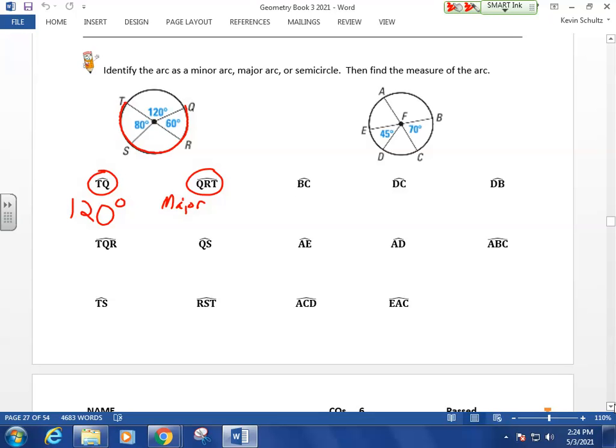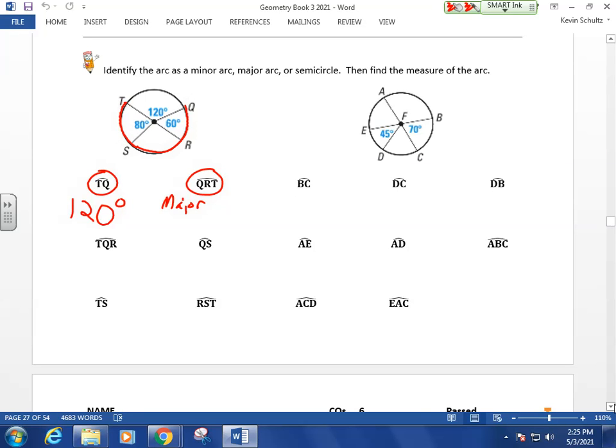No. Oh wait. Yeah, it's not quite a vertical angle here. Okay. The temptation is to make this a 120, but then if you think that this arc measure is 260, 260 plus the 120 we know is more than 360. So it's very slight, but SQ is not a diameter there.